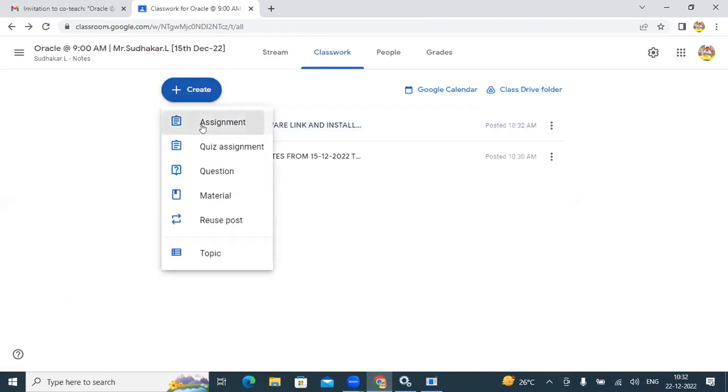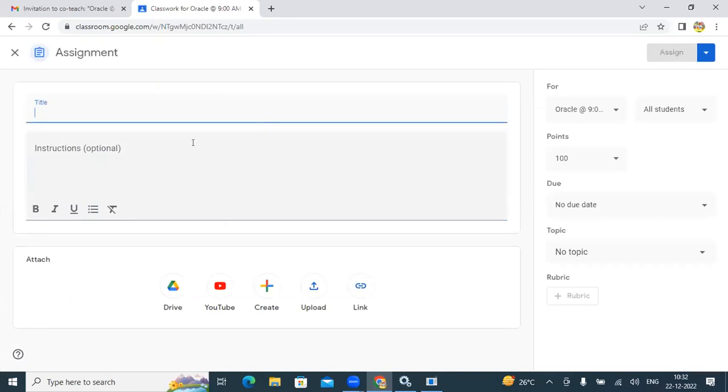The next one is introduction to DBMS. The main notes I'm sending here.